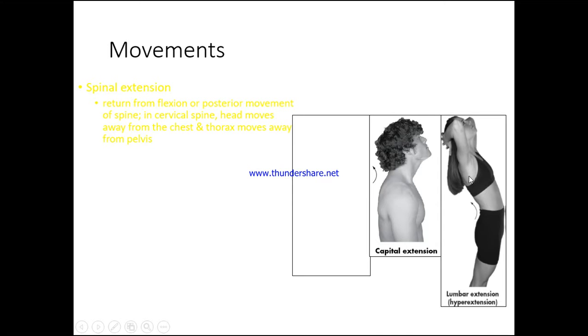This lumbar extension forms this almost artificial lordotic look, as opposed to the kyphotic look that, as I mentioned, we see in the elderly with the presentation of things such as Dowager's hump.